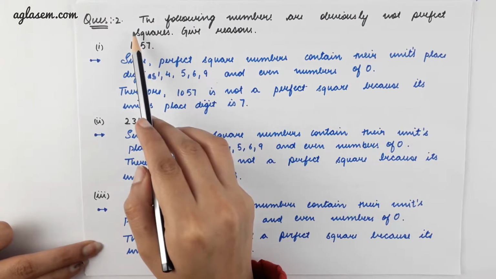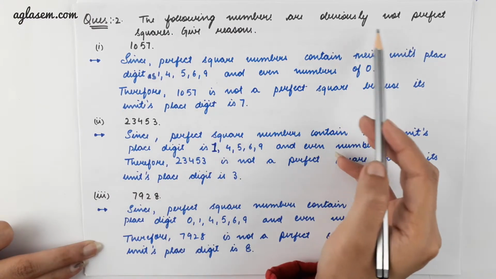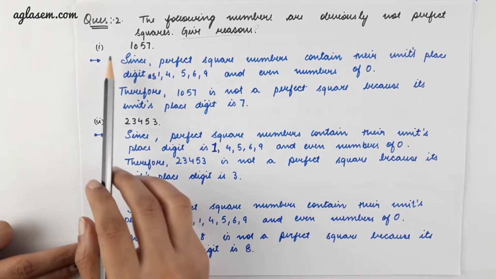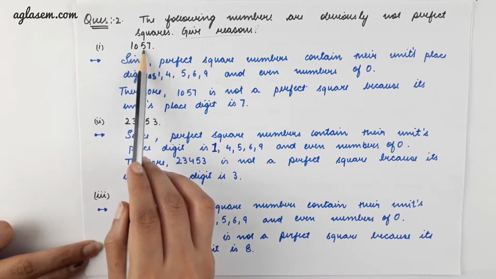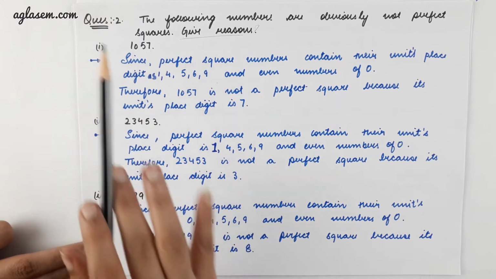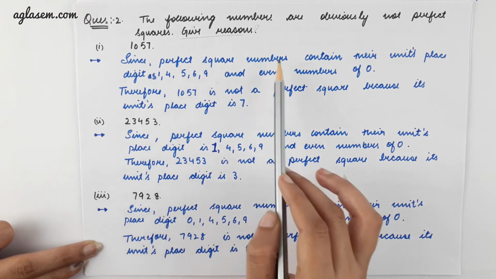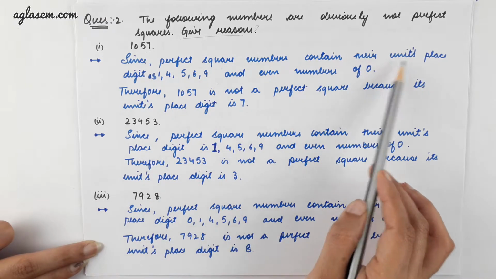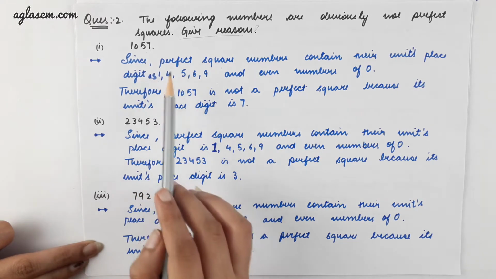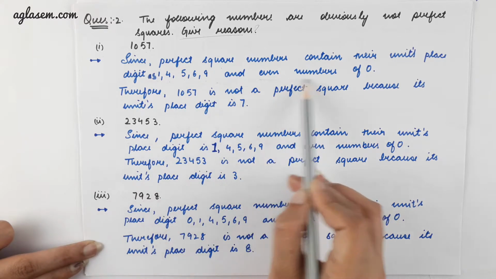Coming to the second question, it says the following numbers are obviously not perfect squares. Give reasons. Number 1, 1057. In this, we have to tell why 1057 is not a perfect square. We all know that perfect squares are numbers which contain their unit place digit as either 0, 1, 4, 5, 6 and 9, or an even number of zeros.